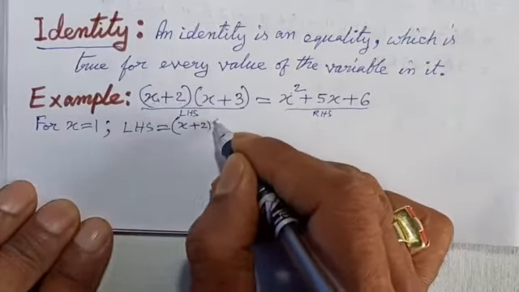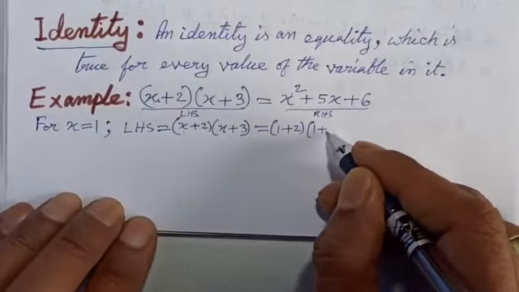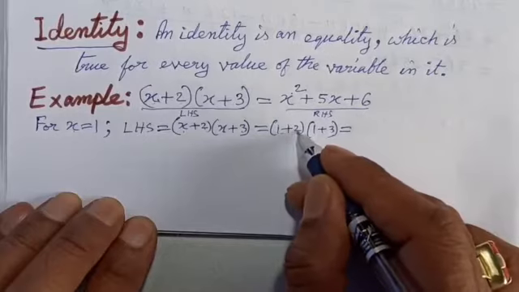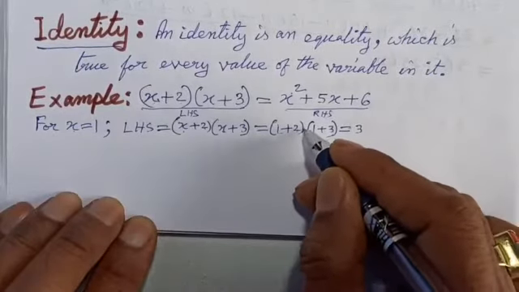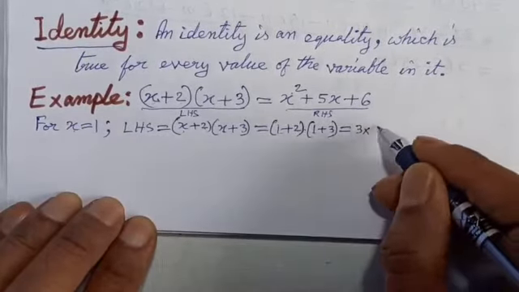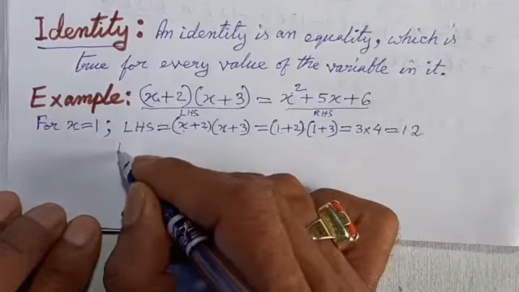If we take x equal to 1, this x will be 1 plus 2, and again this x will be 1 plus 3. Then equal to sign, 1 plus 2 is 3, into sign, 1 plus 3 is 4. 3 fours are 12. We are getting 12. Then let's find out right hand side also.